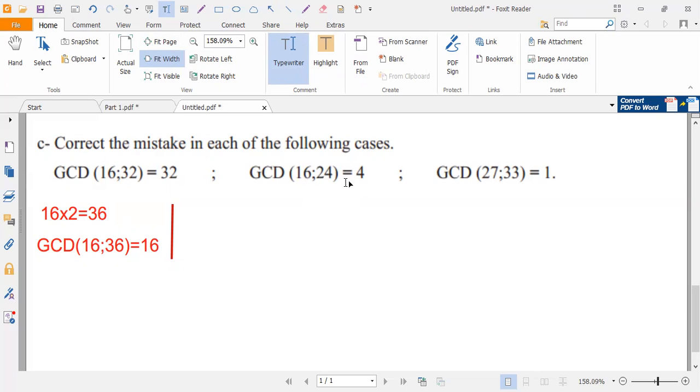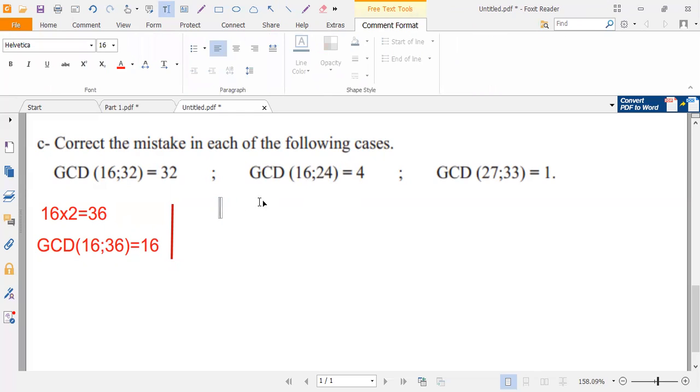But we can correct the mistake as the GCD between 16 and 4 is equal to 4. Why? Because, to not do the tree method and find the GCD, we can correct it like this. We know that 4 times 4 is equal to 16.